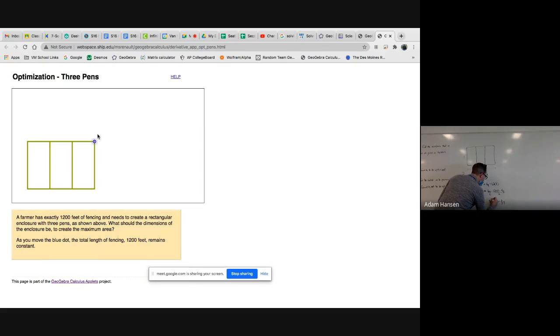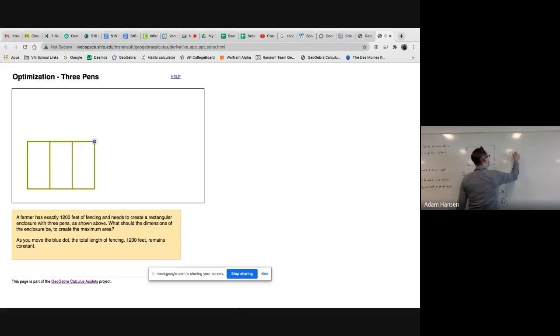Right, because that's going to allow me to write my primary equation specifically in terms of y, so that it's easier to take the derivative of. So that it's only in terms of one variable, and therefore easier to find the critical numbers of. So let's see what we got.